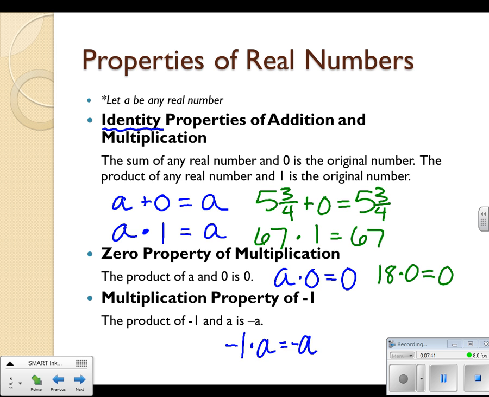Notice I didn't say negative A, I'm saying the opposite of A. When you don't know if A is positive or negative, you don't say negative A, you say the opposite of A. So if I was doing -1 times 9, it's the opposite of 9. If I did -1 times -9, that gives us the opposite, which would be 9.